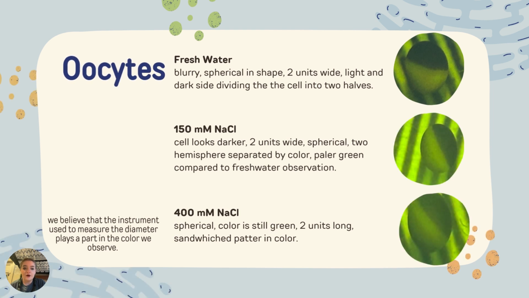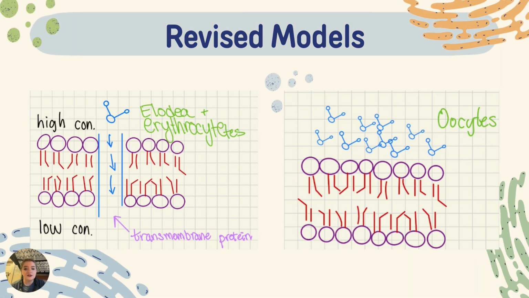And then in the oocytes, we saw different results where the cell didn't actually grow or expand in any of the solutions and it stayed the same size throughout all of them. And so we proposed this idea that the Elodea and the erythrocytes, since they were able to react to these hypertonic and hypotonic solutions and the size of the cell changed, we believe that there are transmembrane proteins creating a channel protein that allow in the water through the semi-permeable membrane.